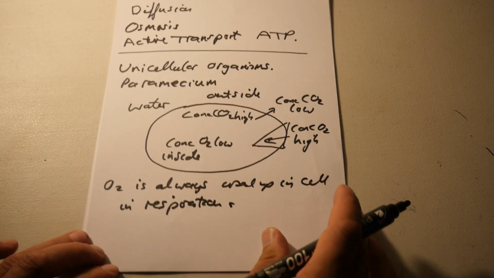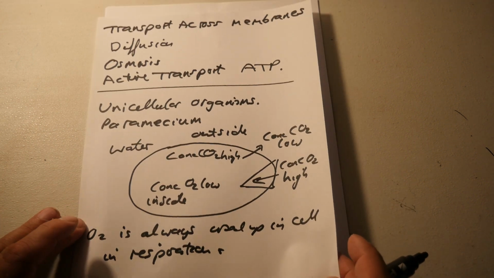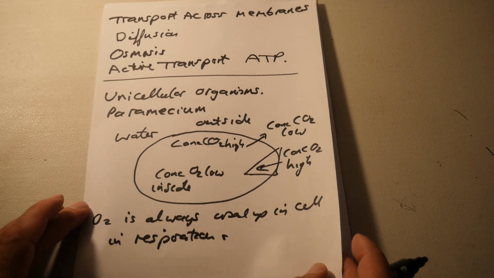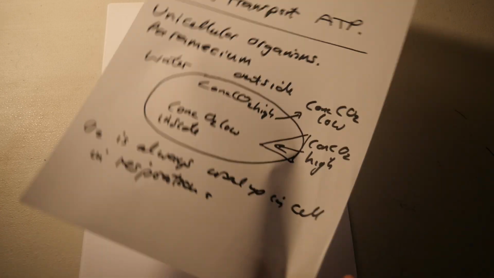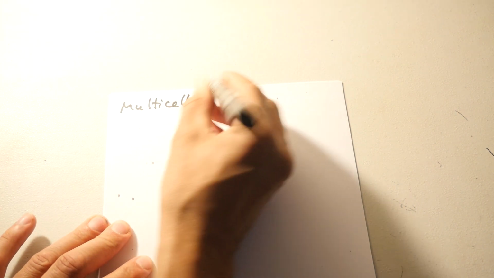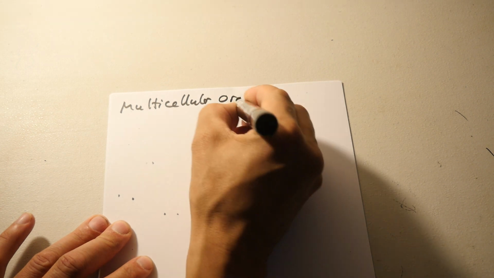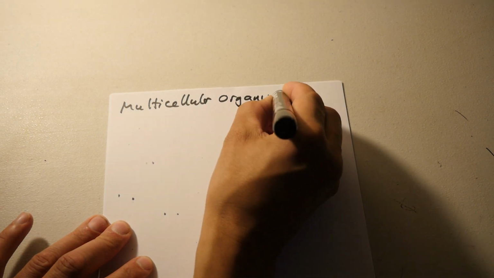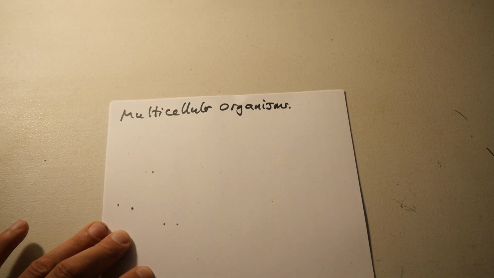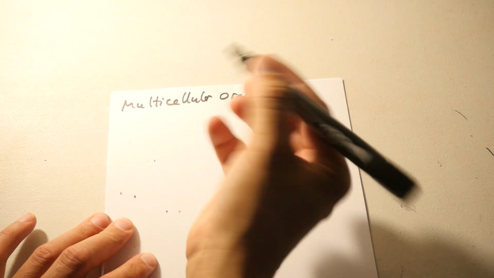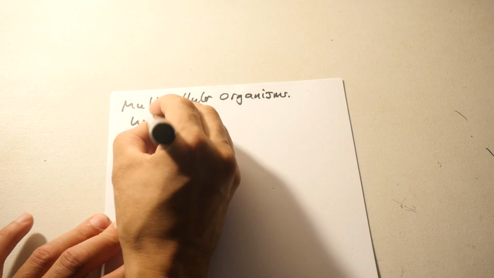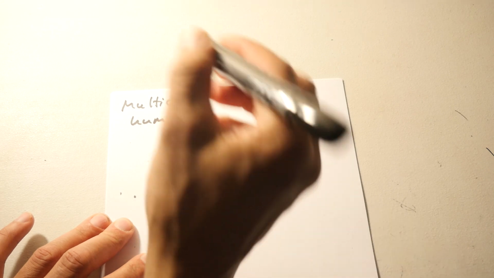So that's unicellular organisms. Next, multicellular organisms, such as humans and mammals.